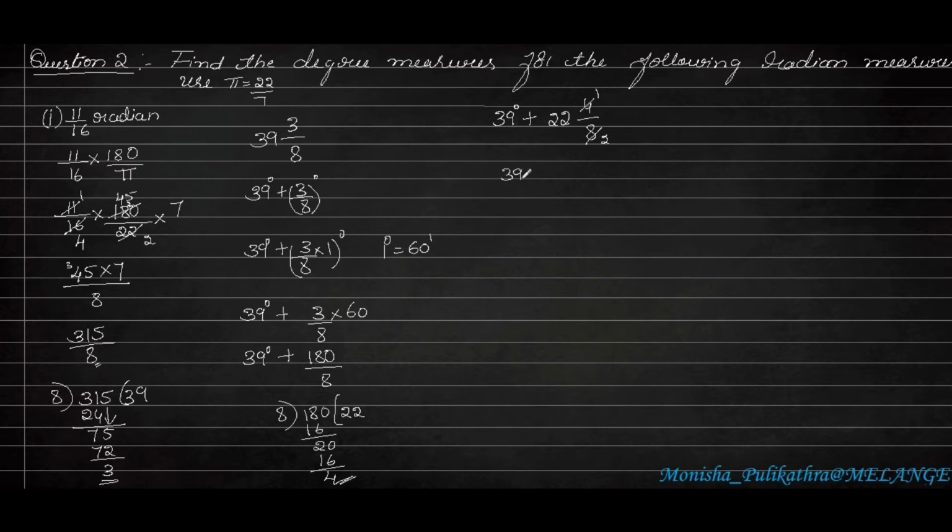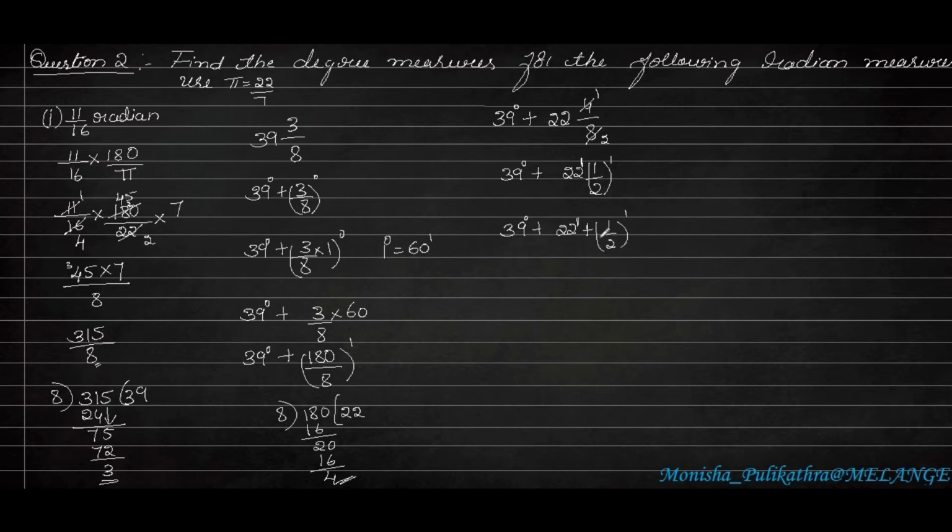Therefore it will become 39 degree plus 22 and half. Since we have converted the degree into minutes, this 180 by 8 will be in minute form. So it will become 22 minute and 1 by 2 minute. So 39 degree plus 22 minute and 1 by 2 minute.